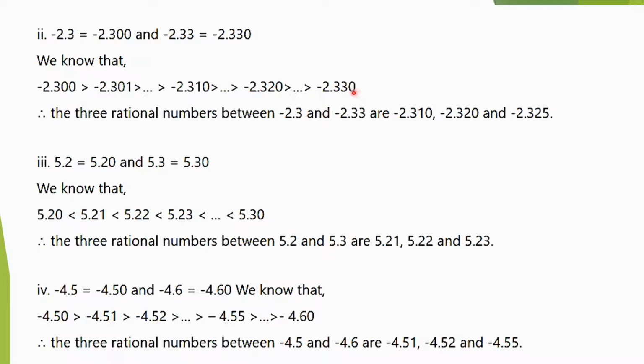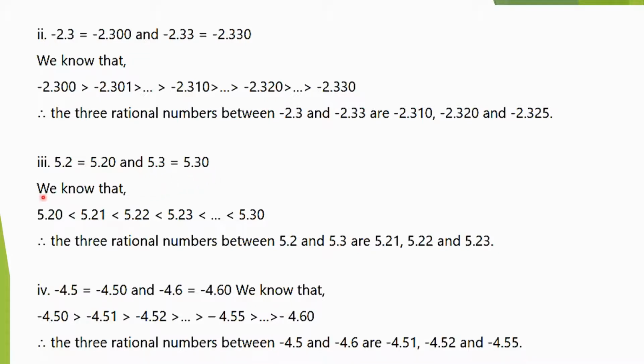So we can take any three rational numbers. We have taken it as minus 2.310, minus 2.320 and minus 2.325 between minus 2.3 and minus 2.33. Second question, 5.2 and 5.3. So 5.2 can be written as 5.20, 5.3 can be written as 5.30.